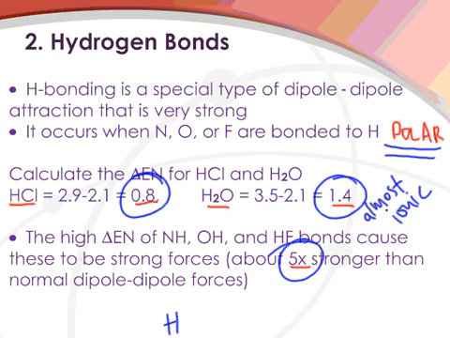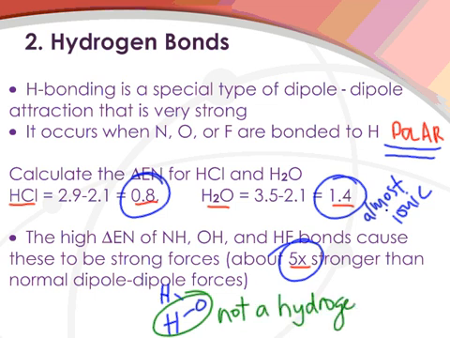If I have a bunch of water molecules, you have polar bonds within the water molecules. This bond here, not a hydrogen bond. That's a polar covalent bond within a molecule. So that bond right there is not a hydrogen bond, but it can form hydrogen bonds with other molecules.